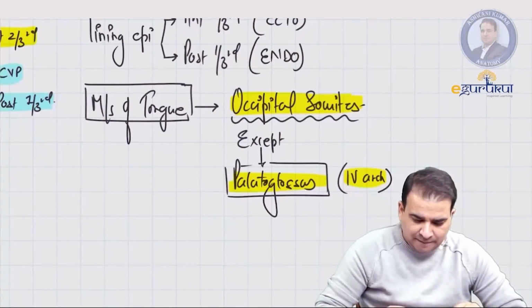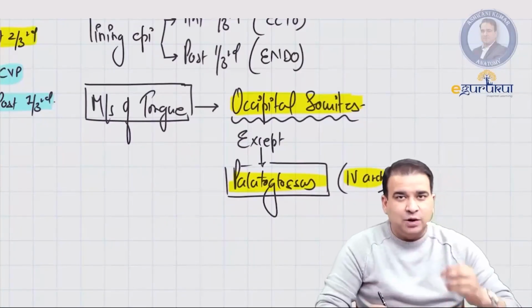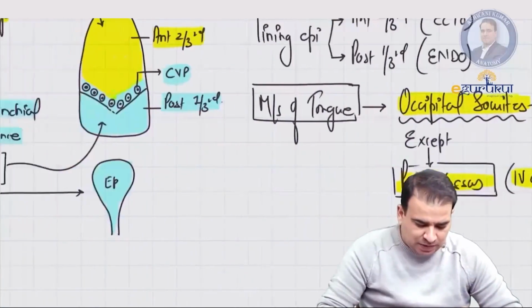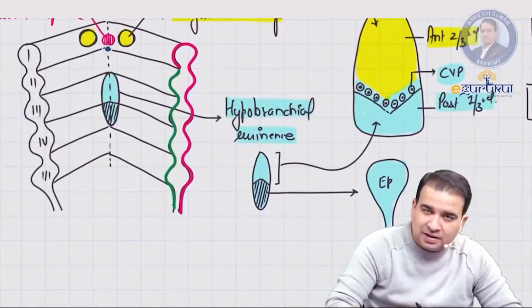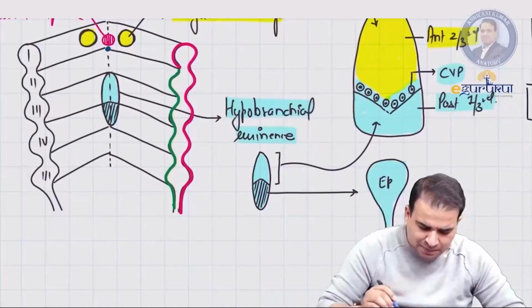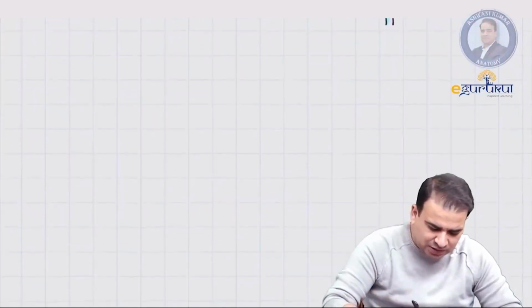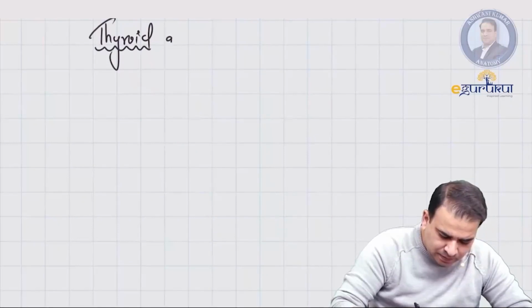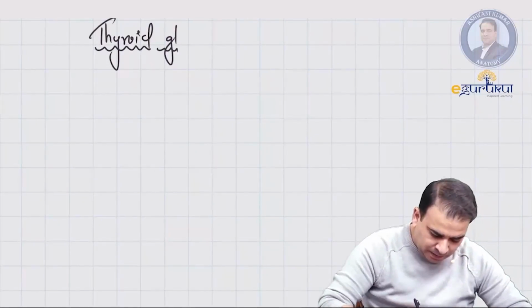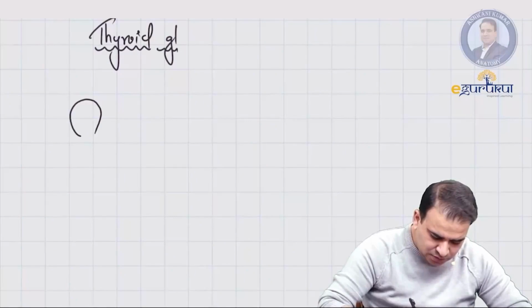Now we have a duct called the thyroglossal duct, which will develop from this foramen which is present just behind the tuberculum impar. Let me just take that part separately so that it will become a bit easier for us. So for the thyroid development, well, nothing much in that. Here is the first arch.